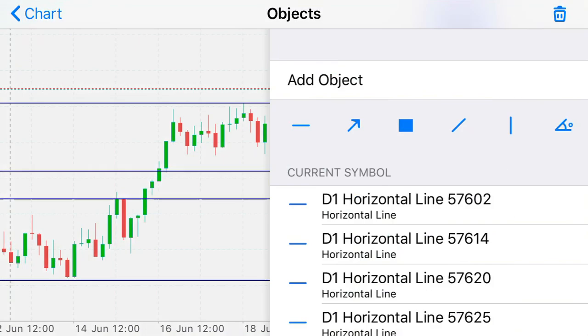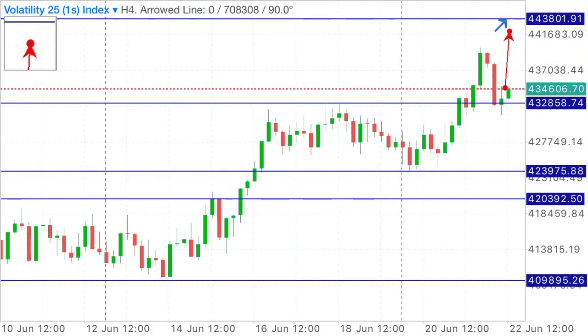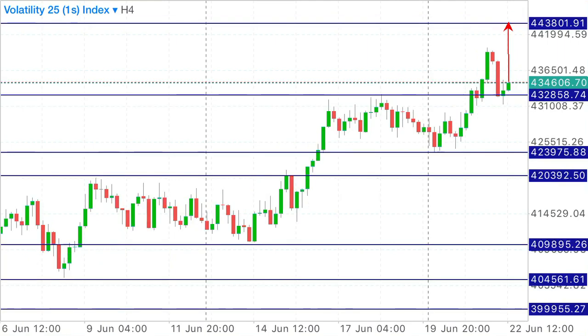I'm expecting prices to come here, because this is the resistance on 4 hour. So I'm expecting prices to continue with the trend.